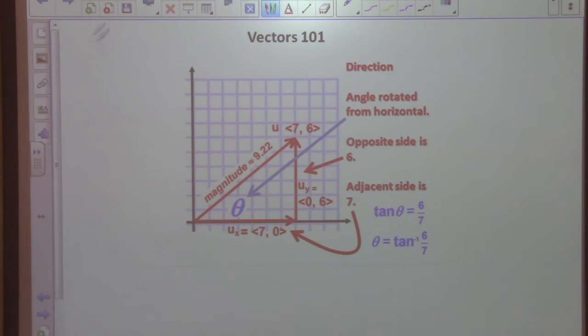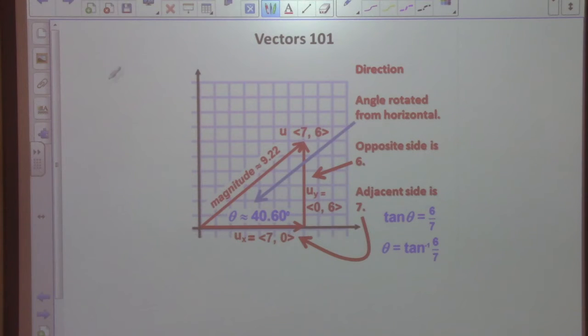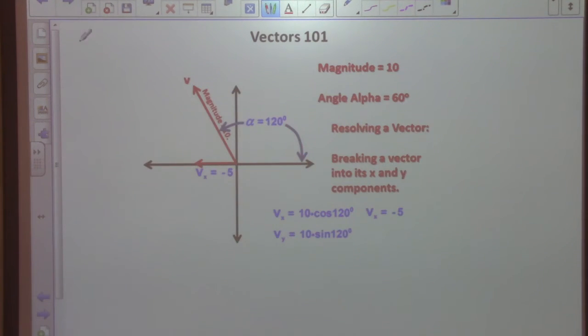Okay, good. And in this case, when you put this in your calculator, you get about 40.6 degrees, roughly. There's nothing else new in that picture there.